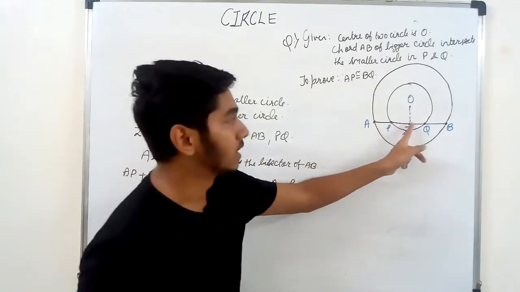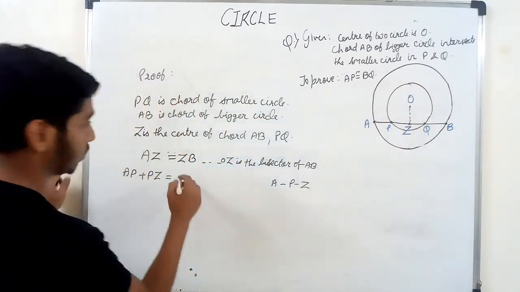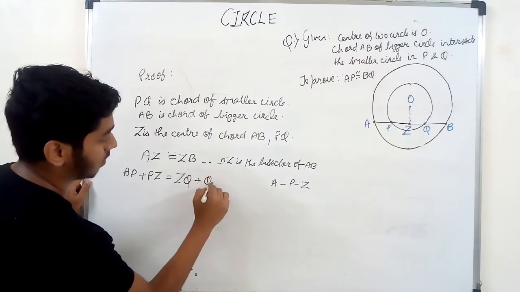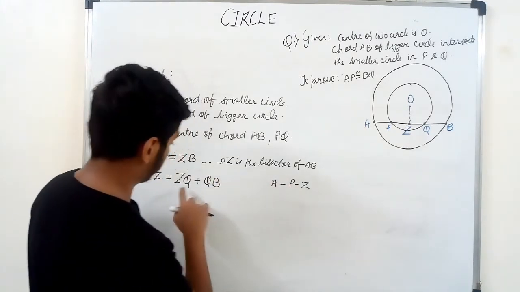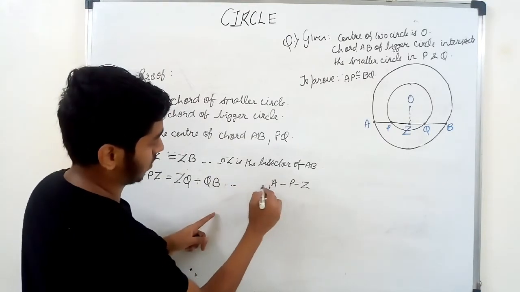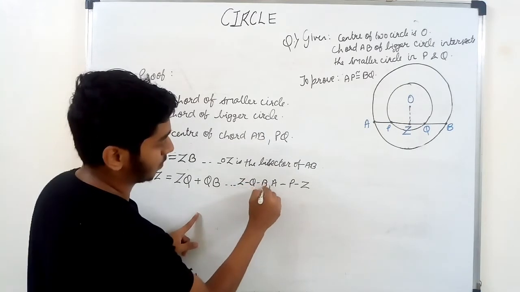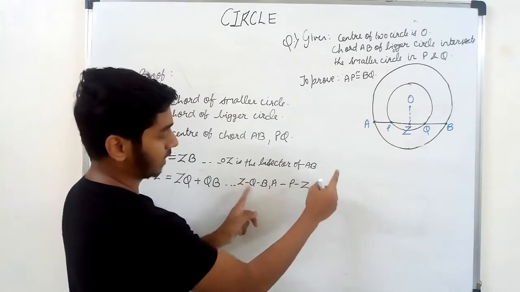Same way, ZB is ZQ plus QB. And also for this, we can say ZQB. That means Q is in between Z and B. See?